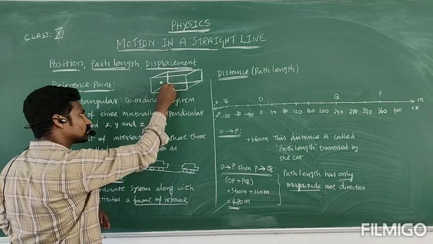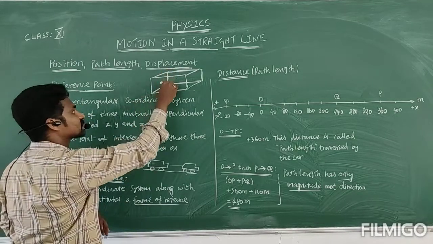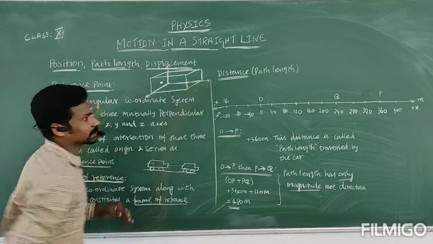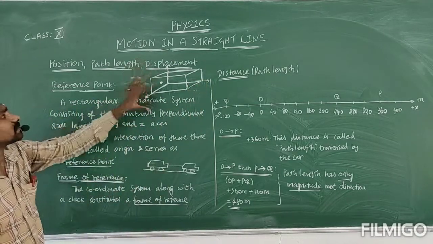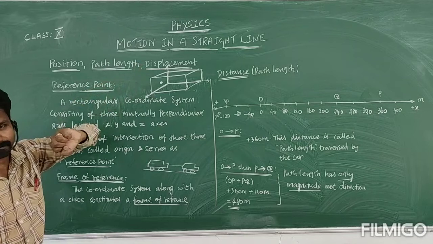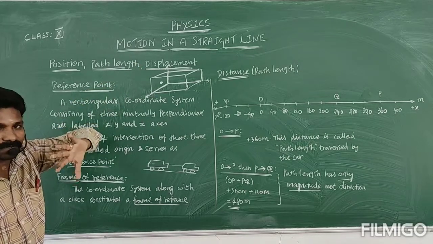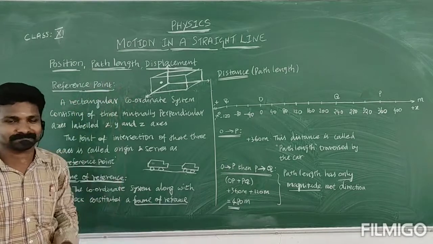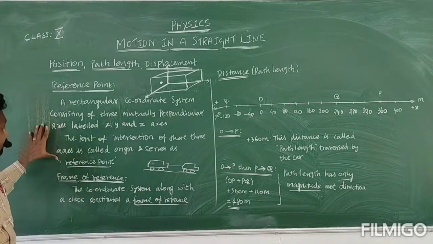From the y-axis, what distance? And from the z-axis, what distance? That is represented by some rectangular coordinates, that means x, y, z coordinates. I have to represent that position. That is the reference point.